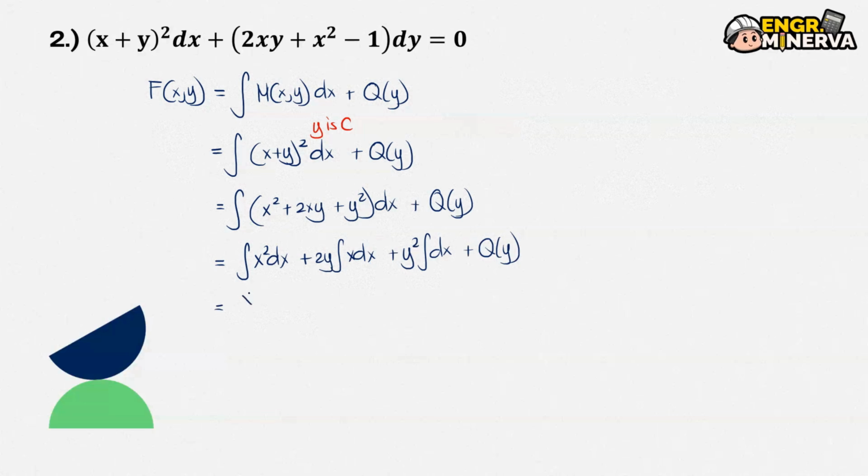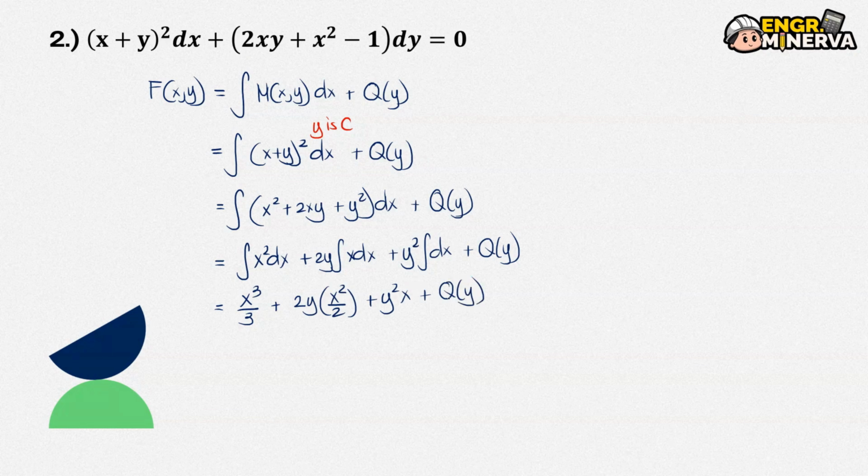So that would be x cubed over 3 plus 2y multiplied by x squared over 2 plus y squared x plus a function of y. In simpler form, that would be x cubed over 3 plus x squared y plus xy squared plus a function of y.